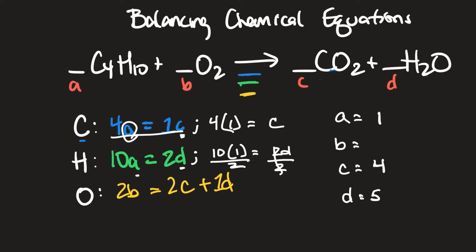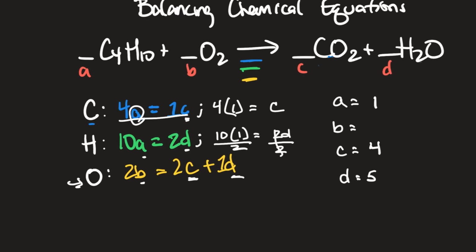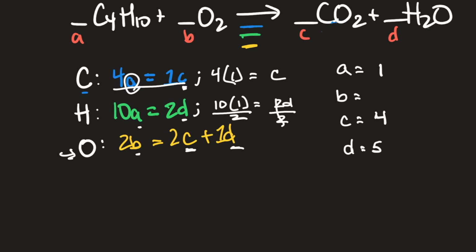Now that we know what A, C, and D are, we could go ahead and solve for this equation, because then it would give us B. We know what C is, and we know what D is, so we could figure out B. In this case, we have 2B equals 2 times C, which is 4, plus D, which is 5.